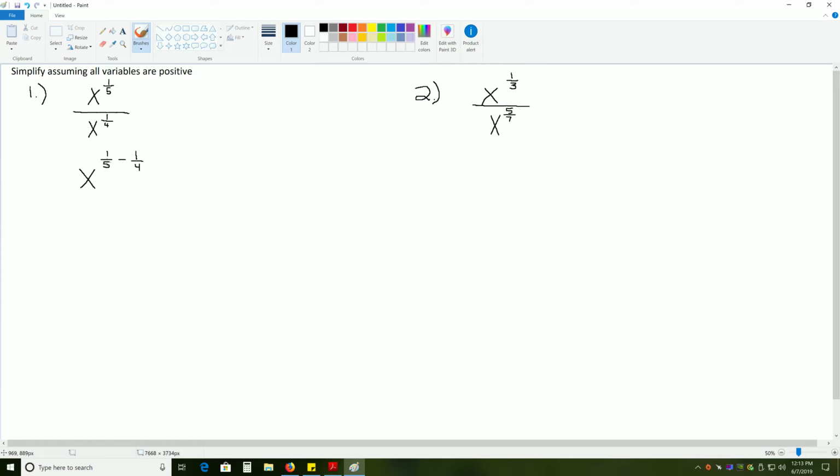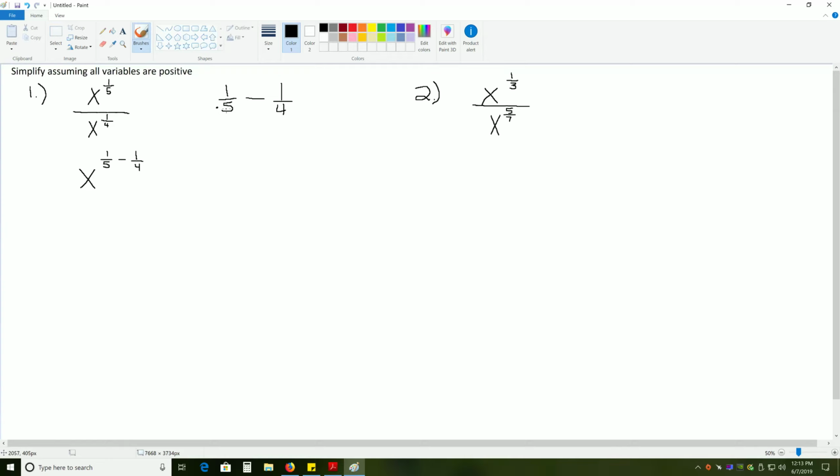So we need to rewrite each of these fractions with a denominator of 20. Let's go ahead and do that off to the side. We have 1/5 minus 1/4. We need to change this 5 and this 4 to 20.